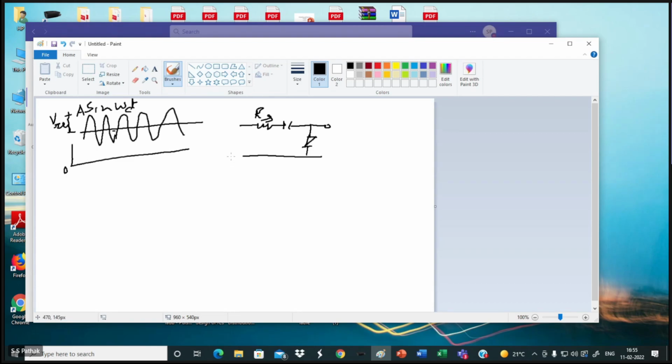When I feed to this, what is going to happen? Here is my 0. It will be starting like that, and it will be coming down like this. The region I have given there. I don't think the examiner will ask you to calculate these values, but yes, the region is coming like that.